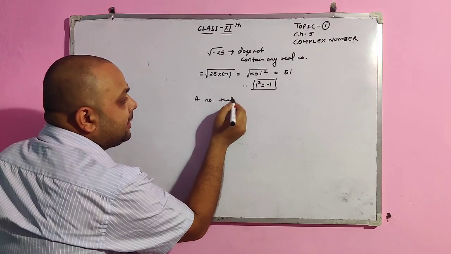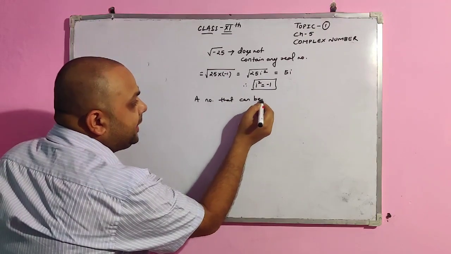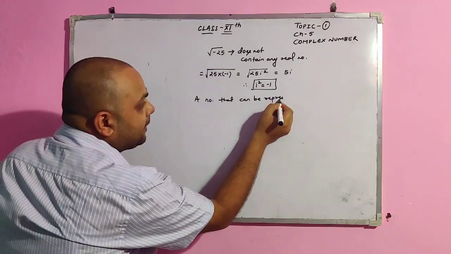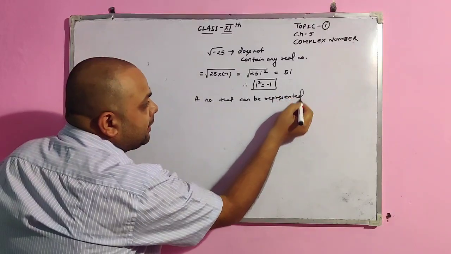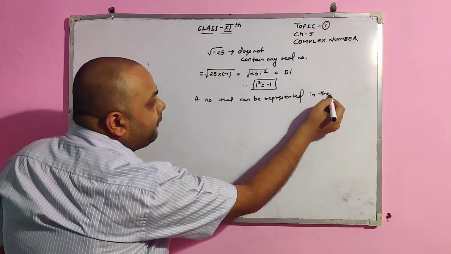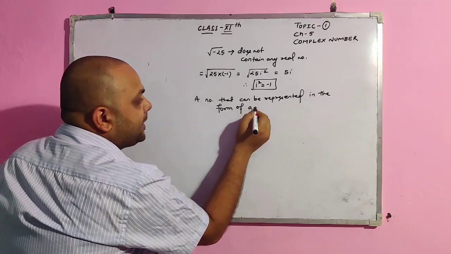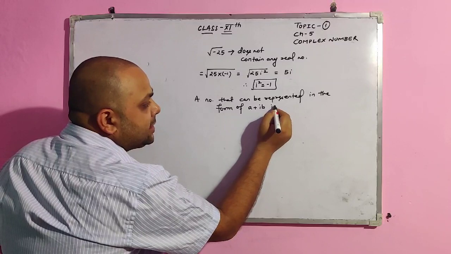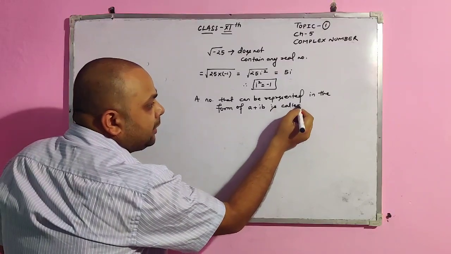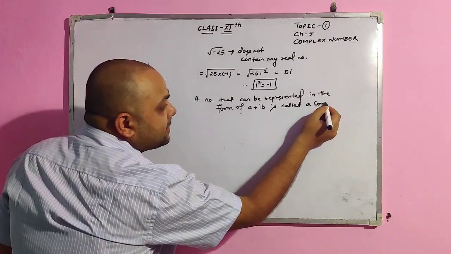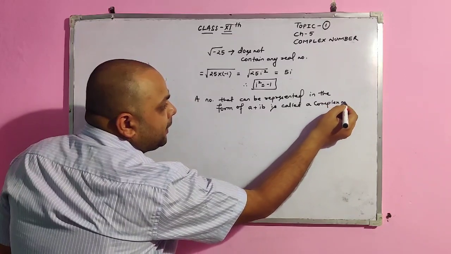So a number that can be represented in the form of a plus iota b is called a complex number.